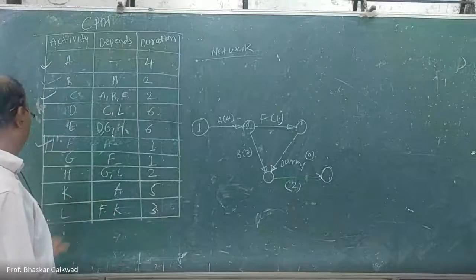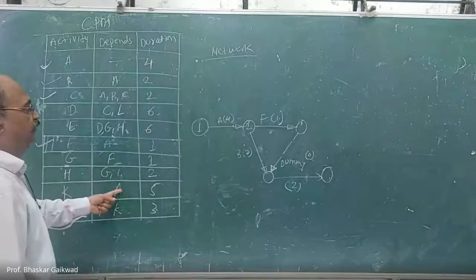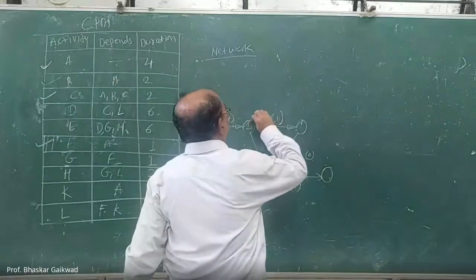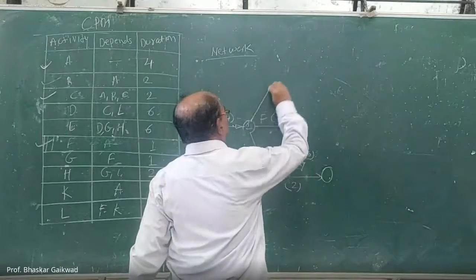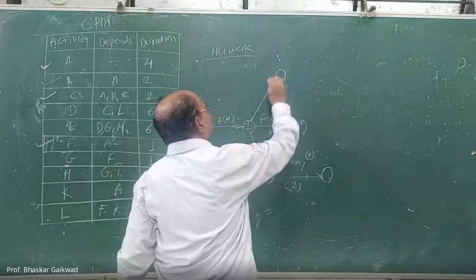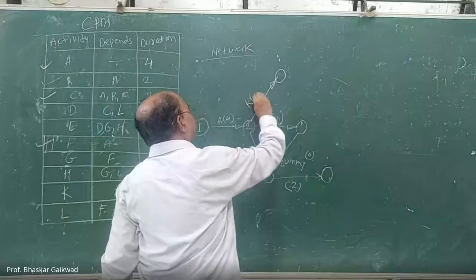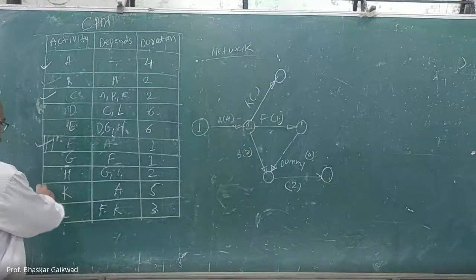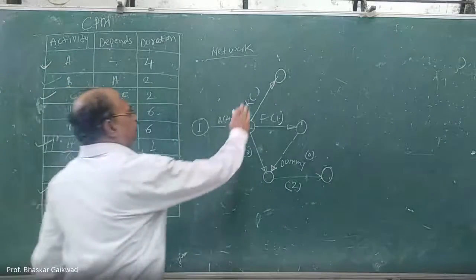K will start from what? K will start from A. So here is the K. K will start from this. This is the K, and the duration is 5.